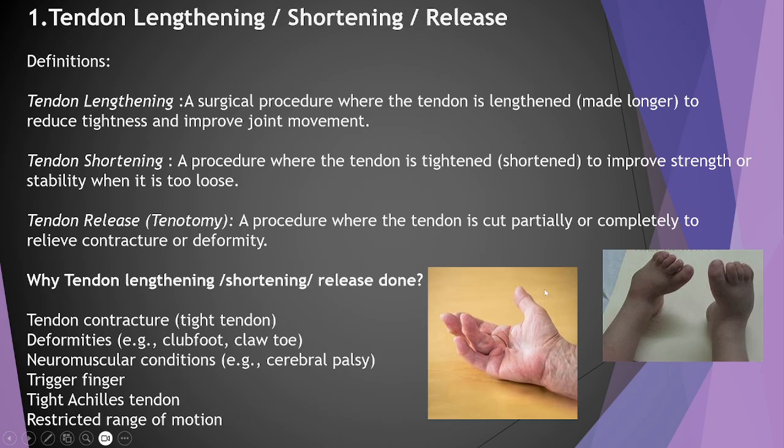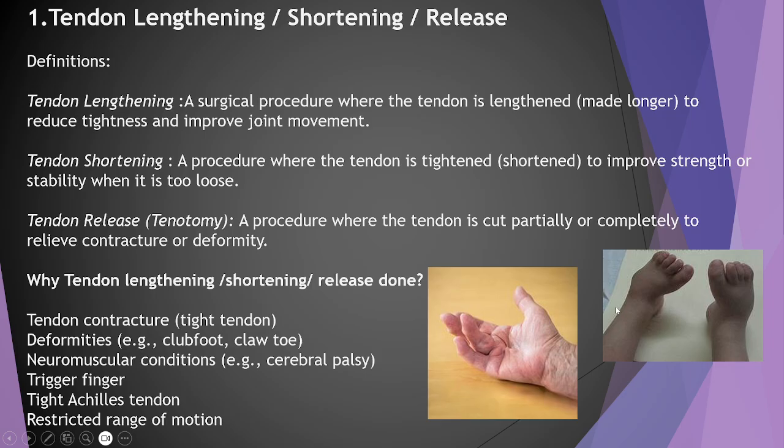tight or shortened. That is known as tendon shortening. And what is tendon release? Tendon release, another name is tenotomy. It is a procedure where the tendon is cut partially or completely to relieve the contracture or deformity. If there is a deformity in the tendon, to relieve that contracture or deformity, the tendon will be cut. That cut tendon is known as the tendon release procedure.